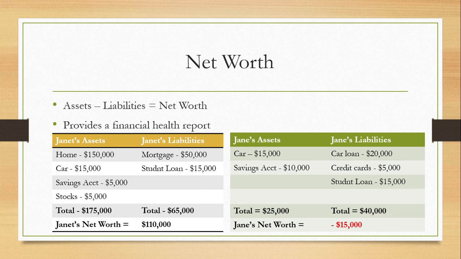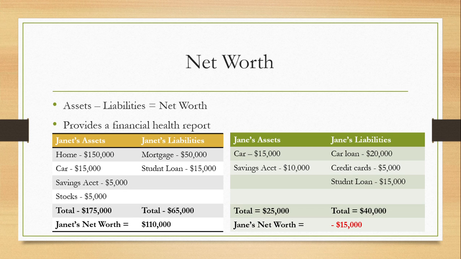Janet's liabilities, on the other hand, meaning her debt, is she does still have a mortgage on the home for $50,000, and she's got a student loan hanging out for about $15,000. So her total liabilities, or total debt, is $65,000. $65,000 from the $175,000 means Janet has a net worth of about $110,000.